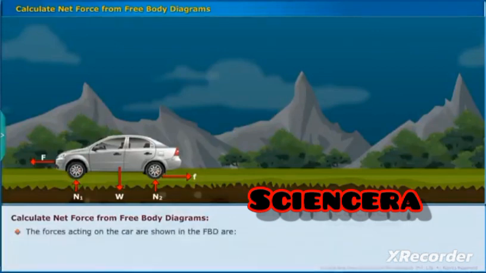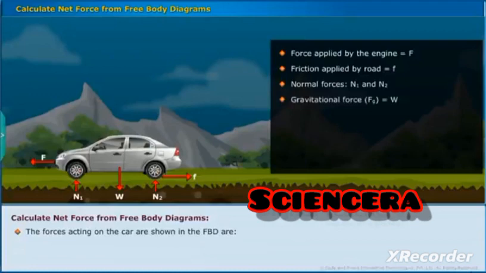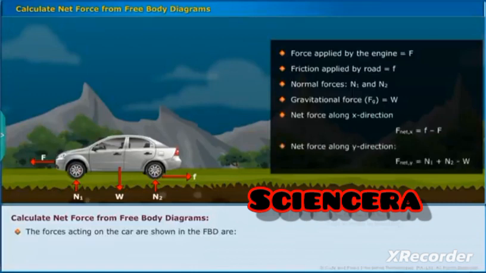The forces acting on the car shown in the FBD are: force applied by the engine, F; friction applied by road, f; normal forces N1 and N2; gravitational force Fg equal to W. Net force along X direction is equal to f minus F. Net force along Y direction is equal to N1 plus N2 minus W.